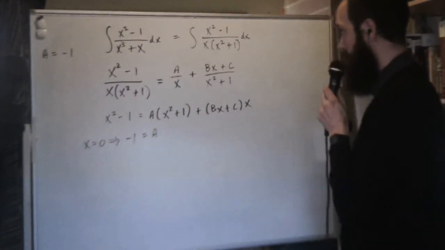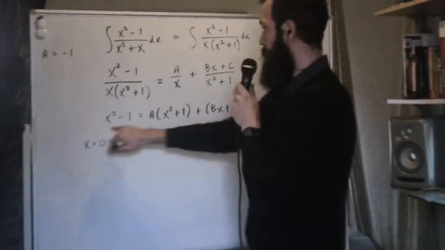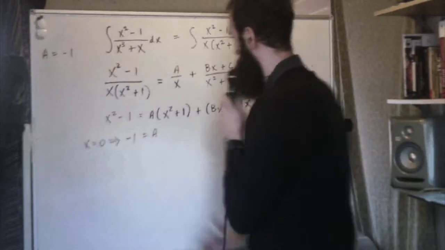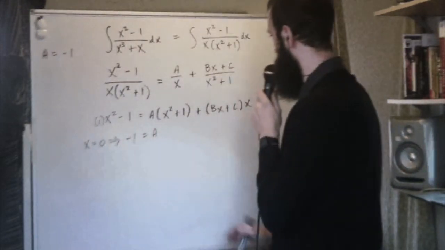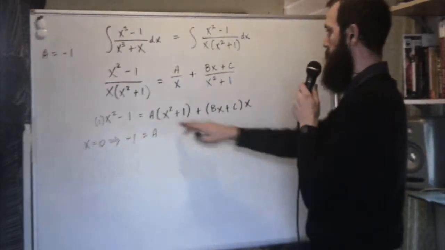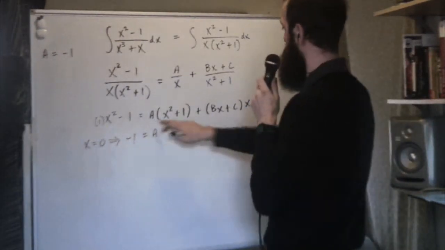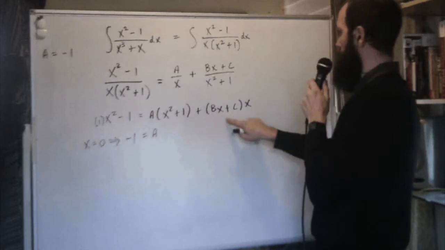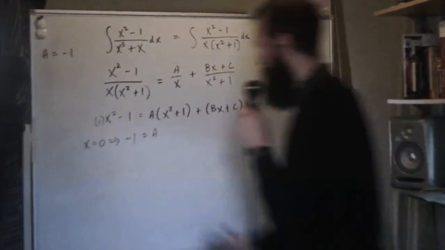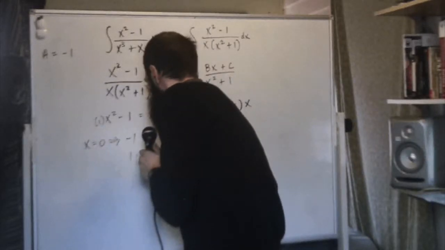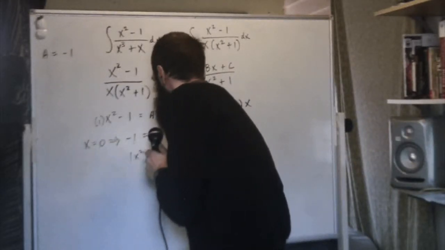Now let's look at the coefficient of x squared. You can imagine a 1 here. On this side we have attached to x squared an a. Here we have bx squared if I multiplied that through. So we have 1 x squared on the left.